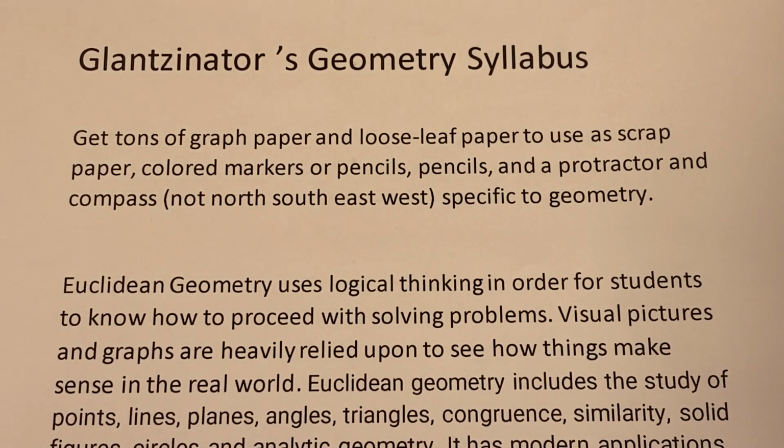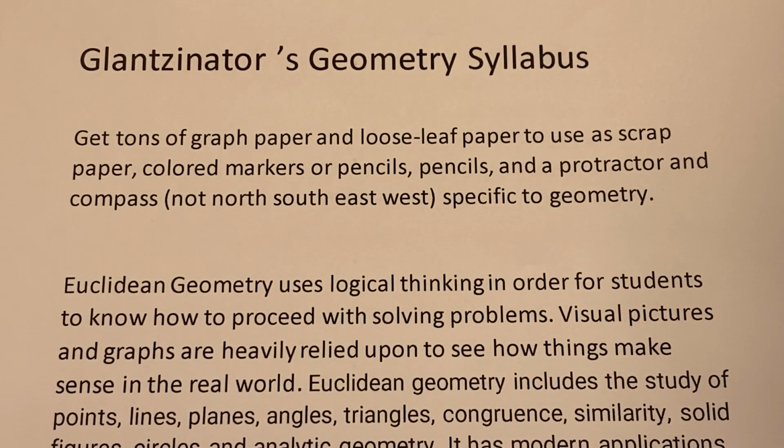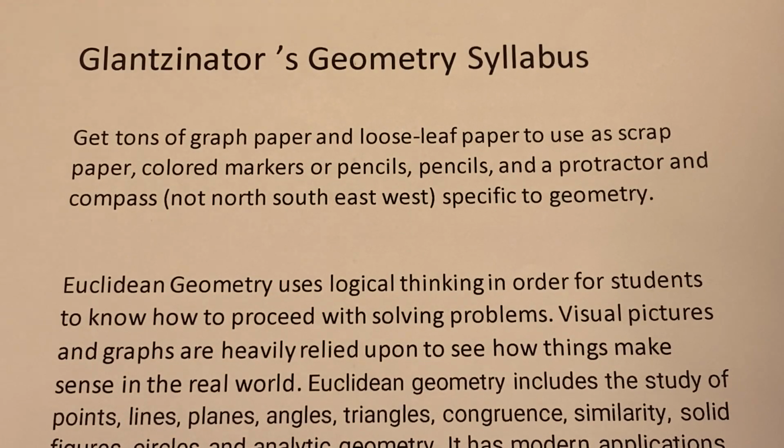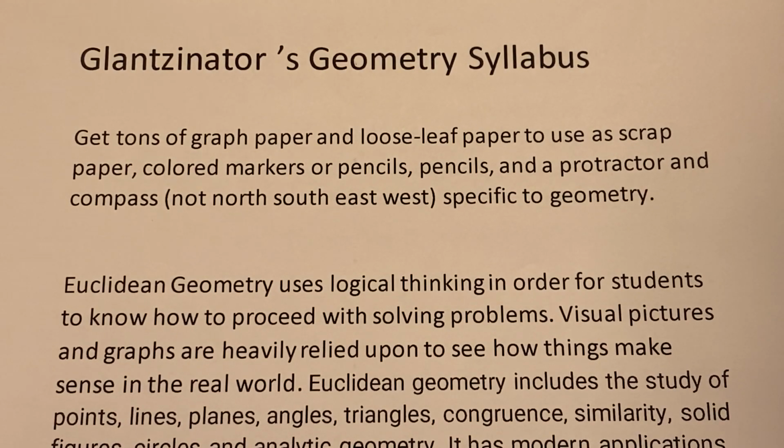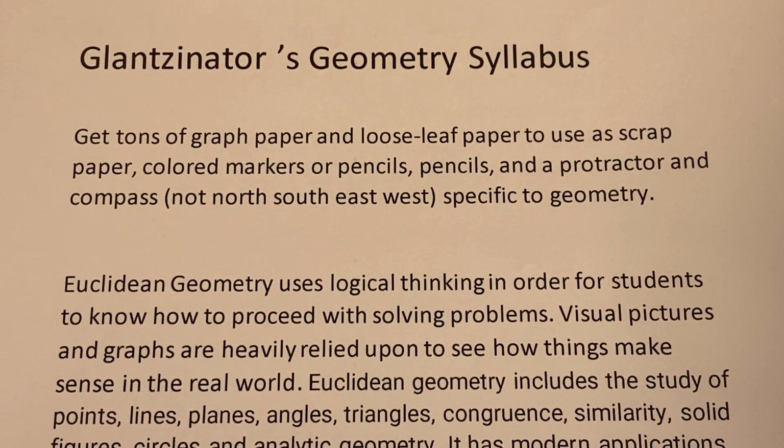That's not the north, south, east, and west measurement. That's a specific compass, and you can look up on Google what it looks like, specific to geometry. It's terrific, and you don't have to get a very expensive one on either one. You just get what's going to work. Don't look to spend an awful lot of money.